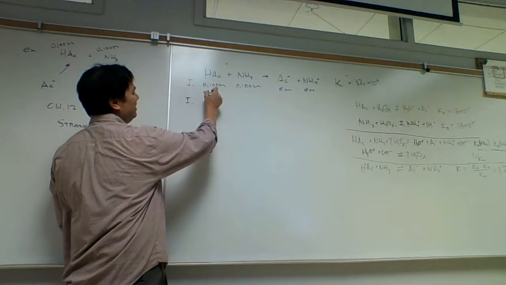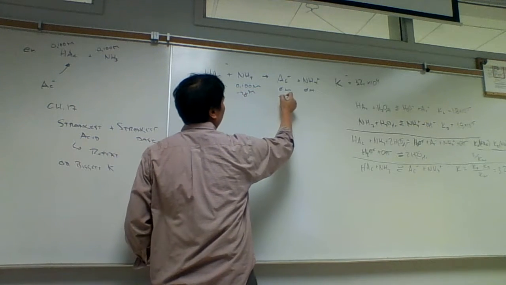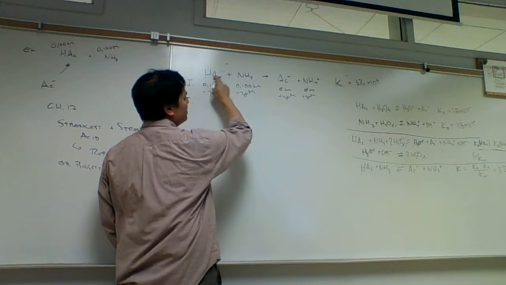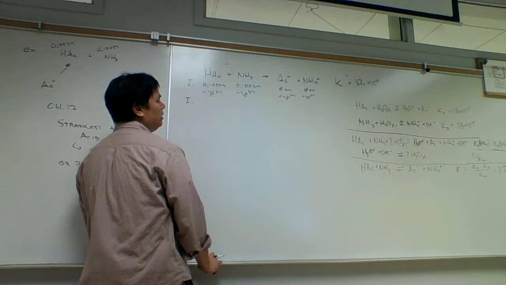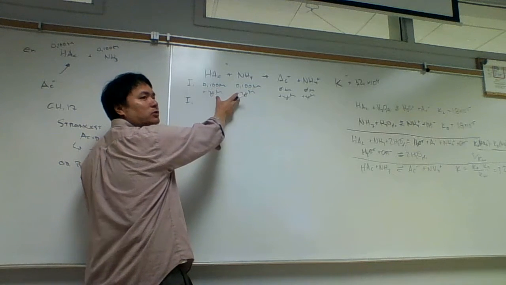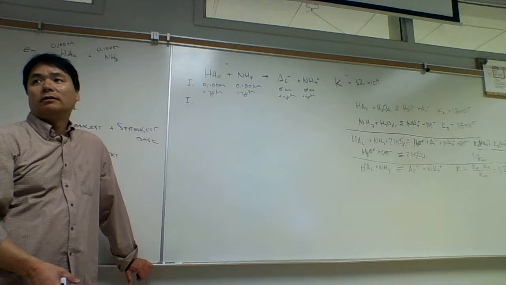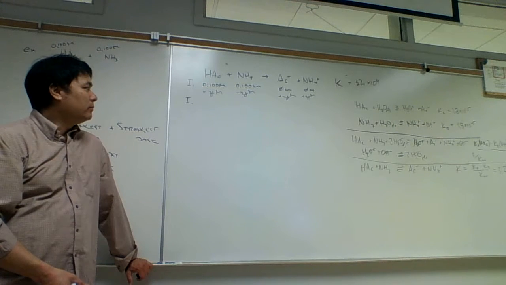Now, the reset is you got to put in this minus y, plus y, plus y. If you do that, I mean, this is easy because it's all 1 to 1 to 1 to 1, but sometimes it's not all 1 to 1. And this is easy because it's stoichiometric. Sometimes there's a limiting reagent involved. There were some errors on the last test with the limiting reagent.